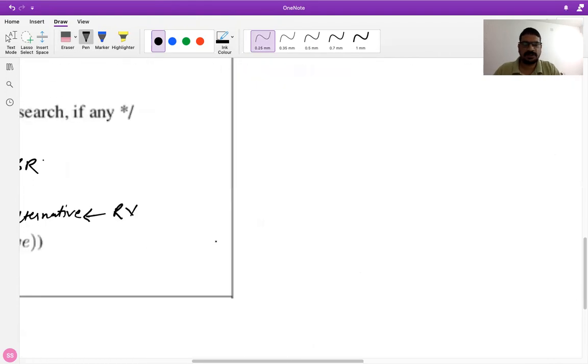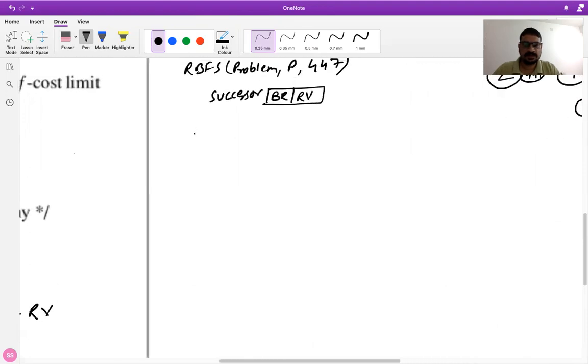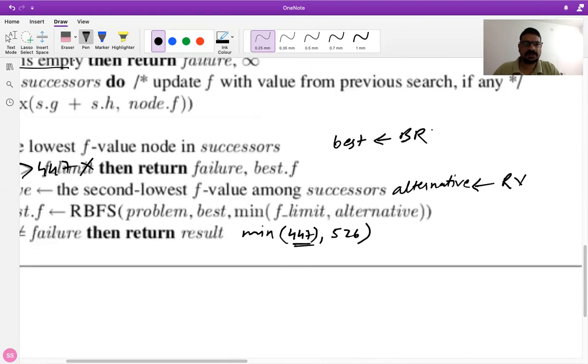Now we'll call RBFS with the problem, and the best is Bucharest. Now what is the F limit? The F limit is the minimum of these two, right?